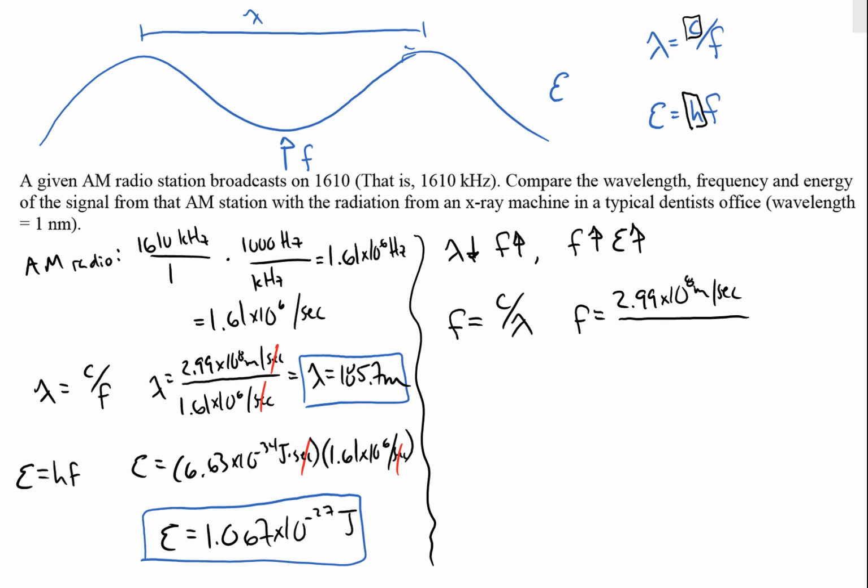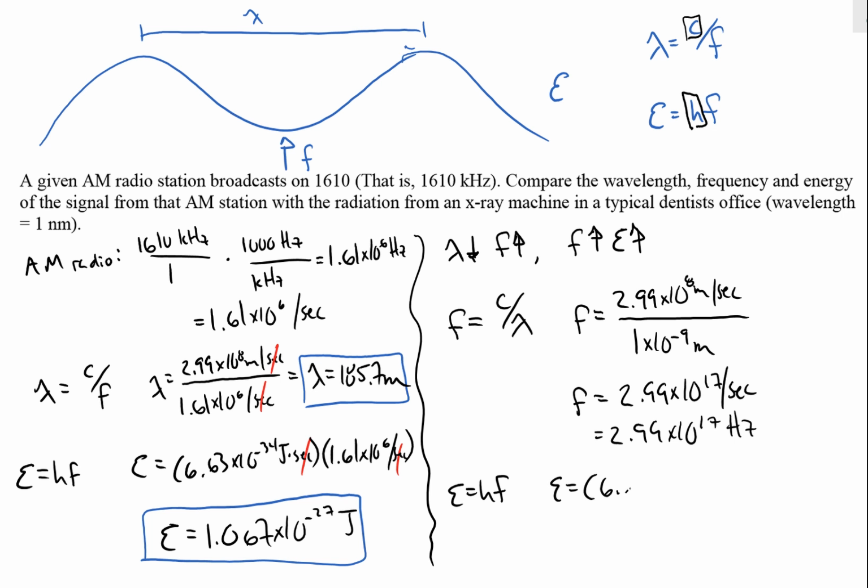And the wavelength here is 1 nanometer, which is equal to 1 times 10 to the minus 9 meters. That frequency works out to 2.99 times 10 to the 17th times per second, which again is equal to 2.99 times 10 to the 17th hertz. Very, very high frequency.